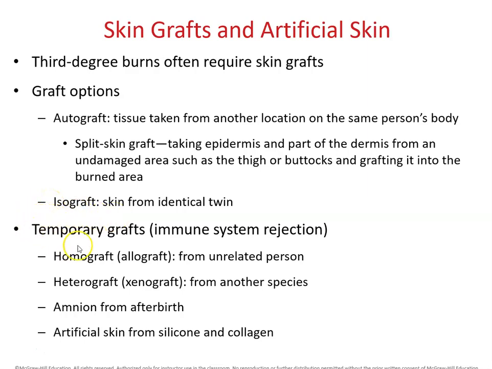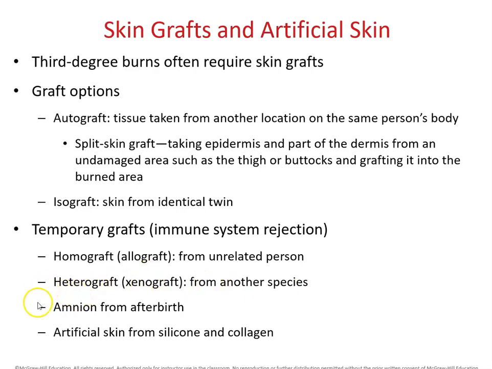And we also have temporary grafts, and they're temporary because we need to be very aware of the possibility that the patient's immune system would reject the graft. Okay, so a homograft would come from an unrelated person, and a xenograft comes from a different species. Pigs are used fairly frequently in skin grafts, actually.